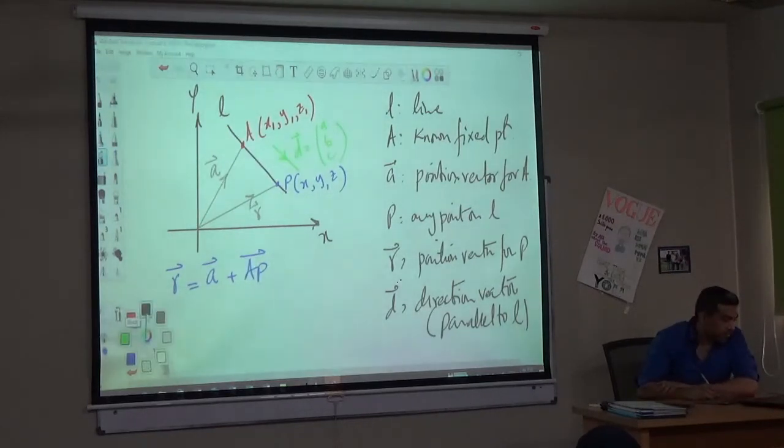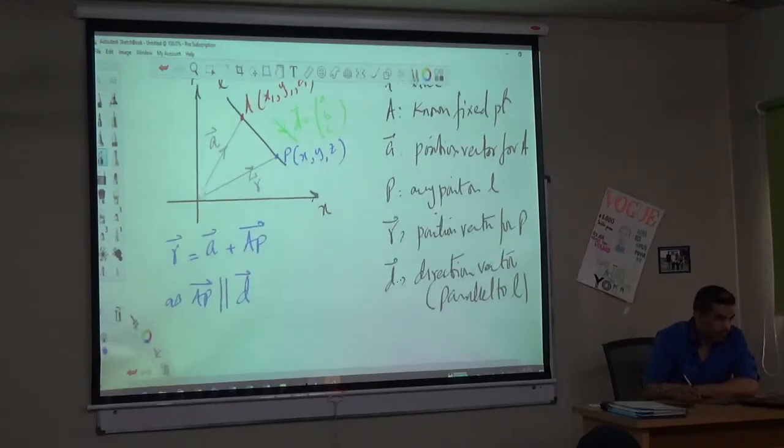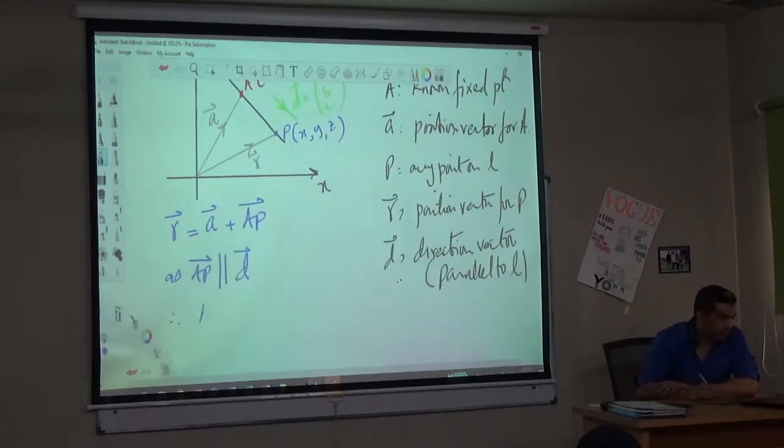Then, as the AP vector is parallel to the vector D, therefore AP is some scalar multiplied by vector D. I am calling it scalar lambda. Is it okay if I call it lambda? Two vectors are parallel to each other, so one is a scalar multiple of the other.